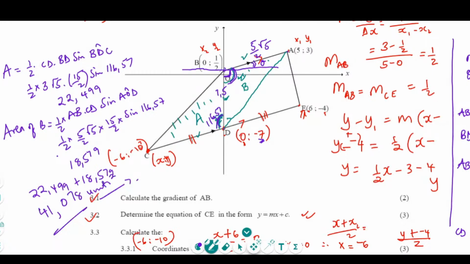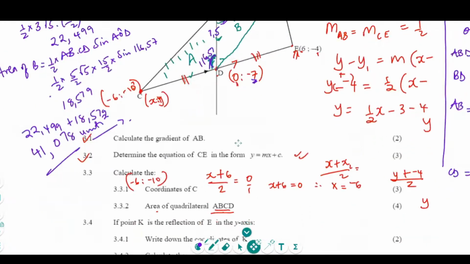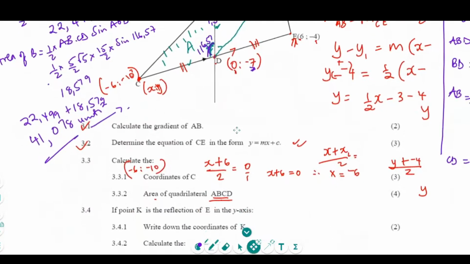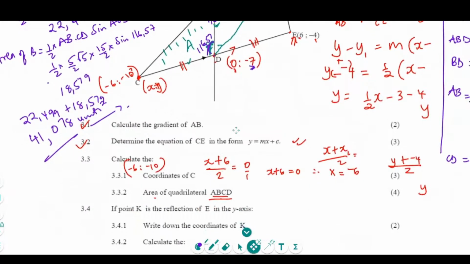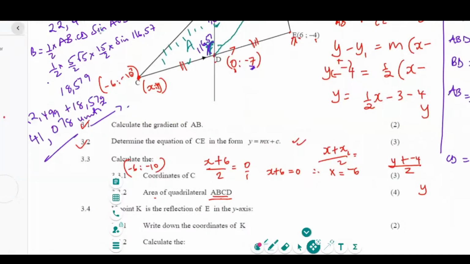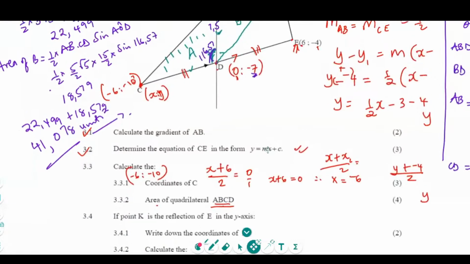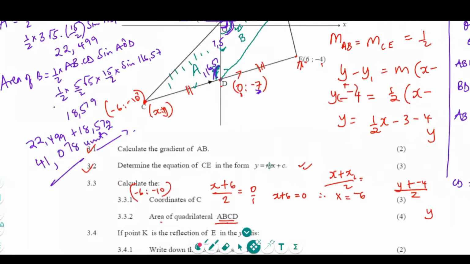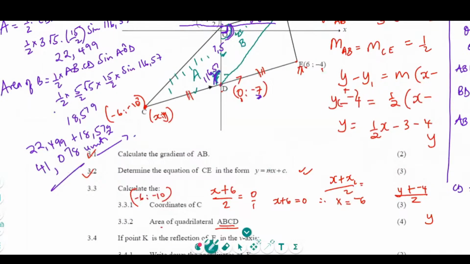Then the next question is asking us that if K is a reflection of E in the y-axis, what are the coordinates of K? So if we're talking about reflections about the y-axis, it's like if we were to draw a line straight across.